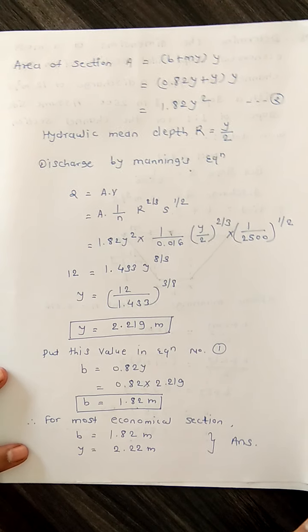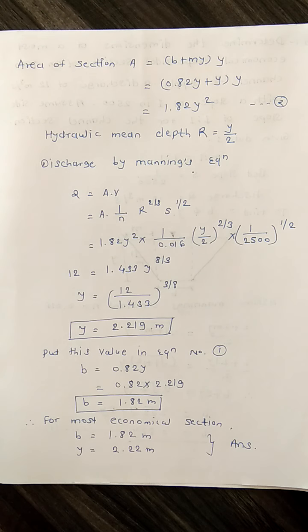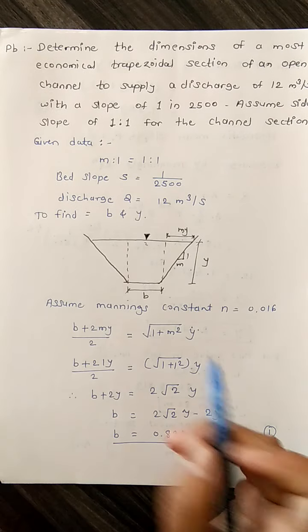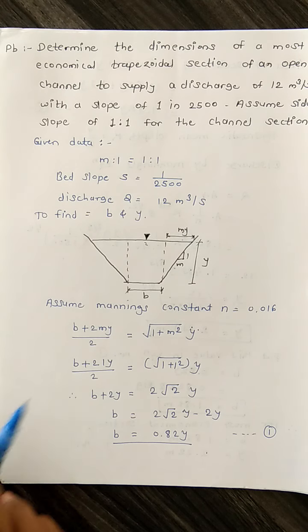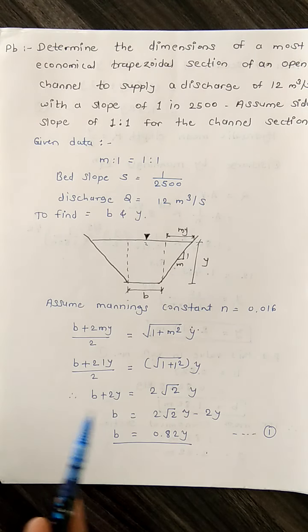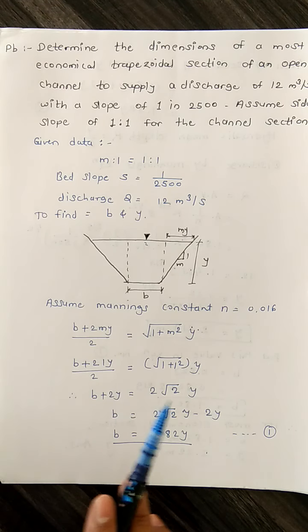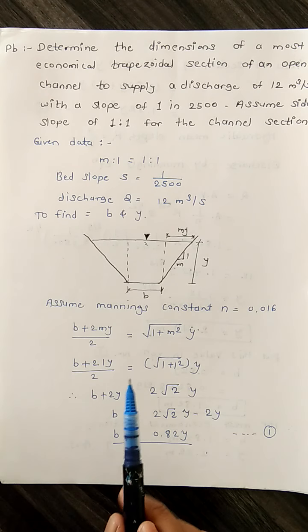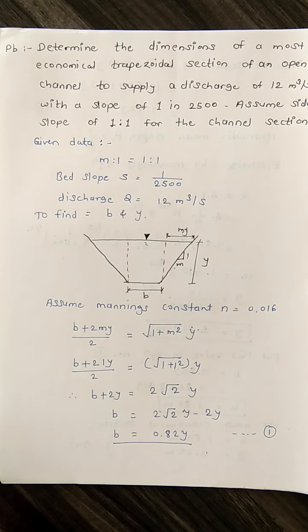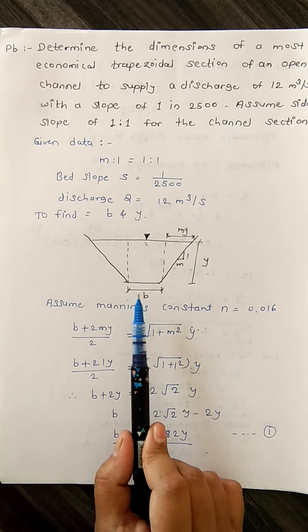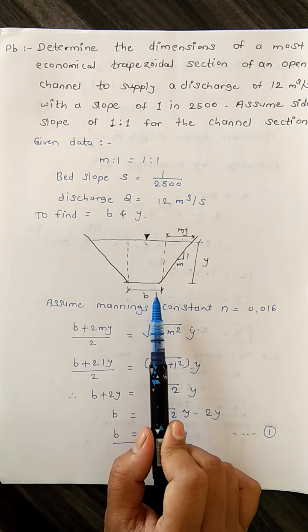Okay, so from the start we will see again what we calculated. First of all, we write the given data. In that they are given bed slope and discharge, and we have to find b and y, that is the dimensions of the economical trapezoidal section. Okay, so we draw the diagram for more understanding.